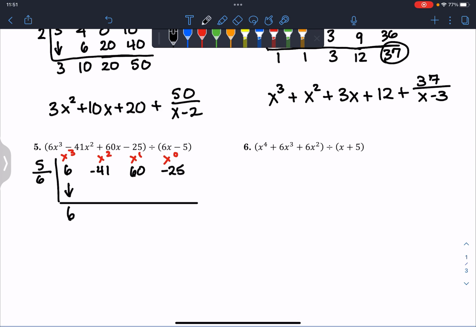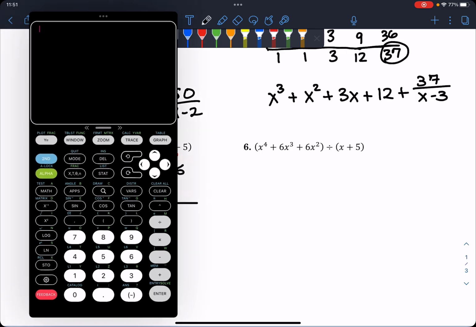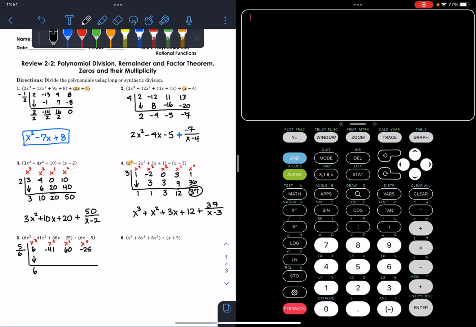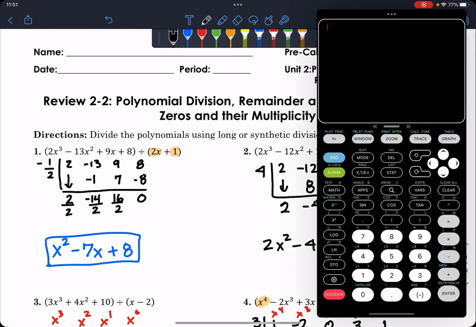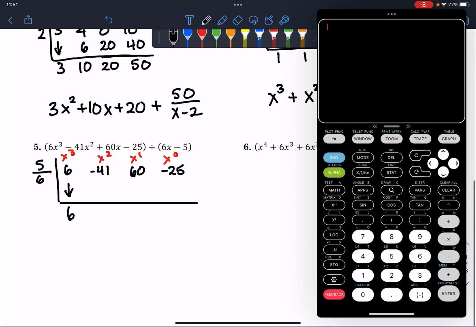So bringing down the 6 and then multiplying that by 5 over 6. Let me bring my calculator out for that. Okay, let's do 6 times 5 over 6, and that's going to give us 5. We add that with -41, and that gives us -36.